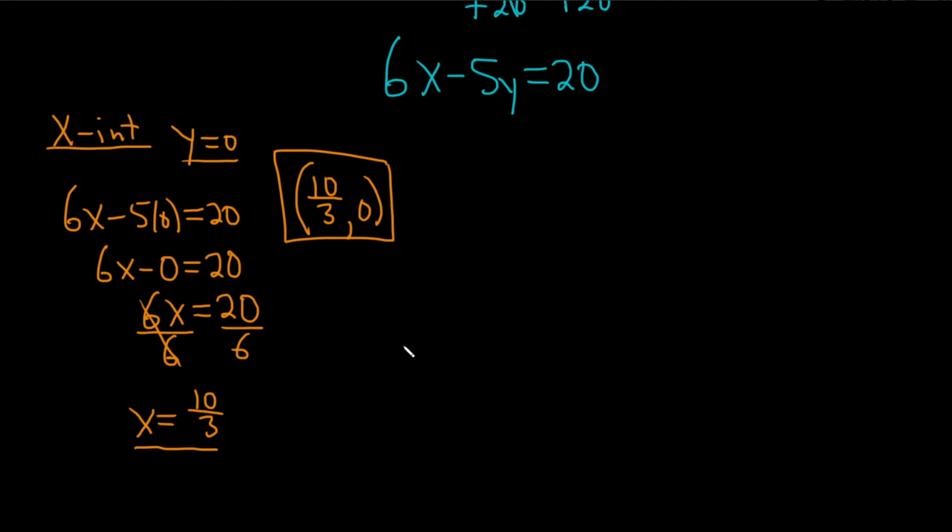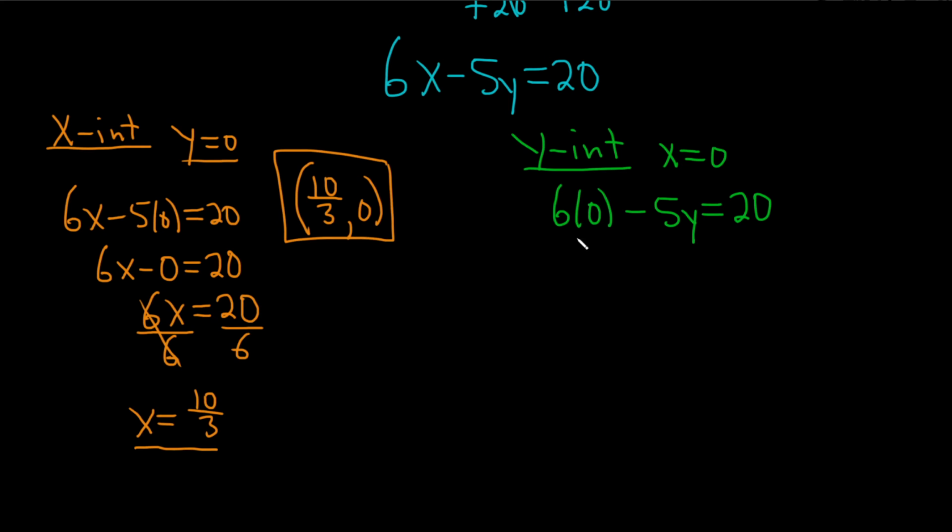All right, let's go ahead and find the y-intercept. And again, to find any intercept, you set the other variable equal to 0. So here we'll set x equal to 0 in our equation. So we have 6 times 0 minus 5y, and that's equal to 20. 6 times 0 is 0, so we have 0 minus 5y equal to 20. 0 minus 5y is simply minus 5y, and that's equal to 20.